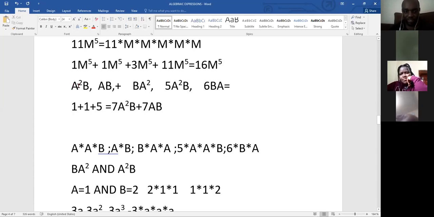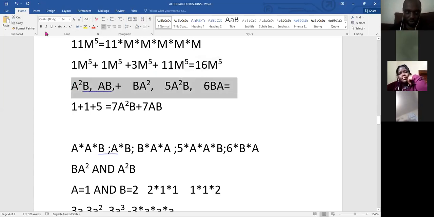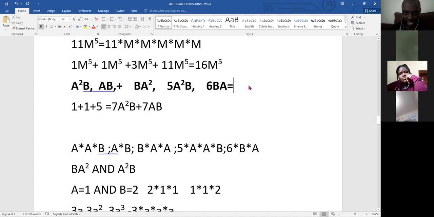So in the whole of this, we want to look at which are like and which are unlike terms. So a squared b. Let us start by looking at a squared b.